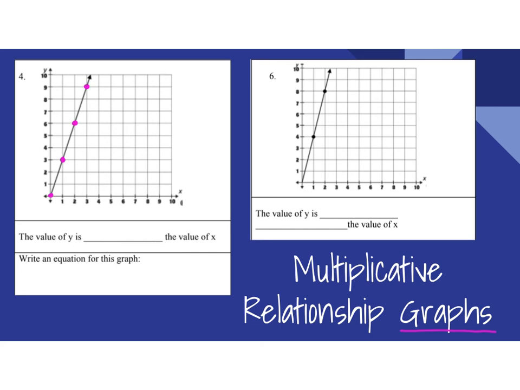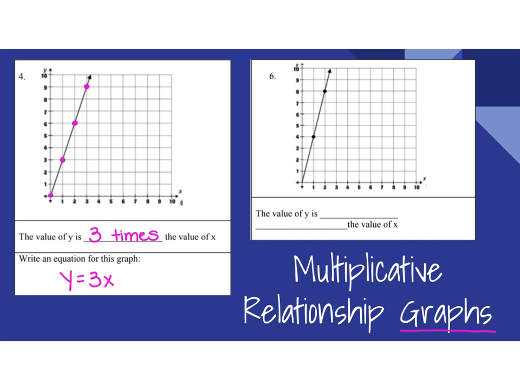Each time to get from x to y, we're multiplying by 3. So our description would be the value of y is 3 times the value of x. And this would be a multiplicative relationship. The equation would read y equals 3 times x, or 3x.